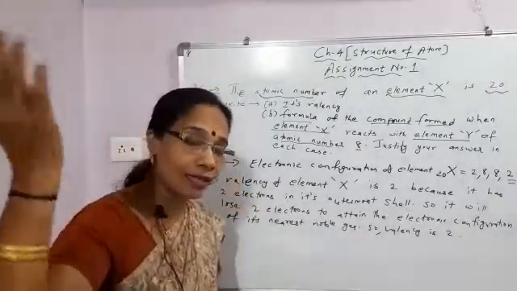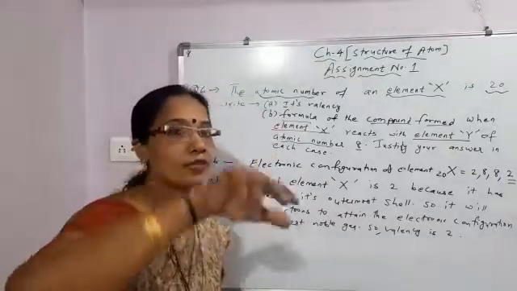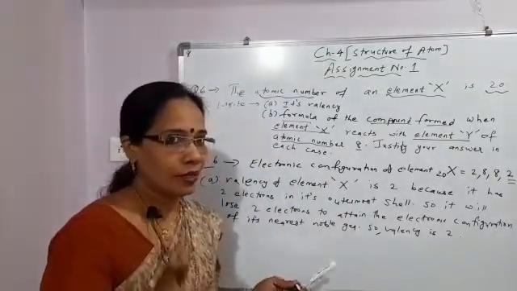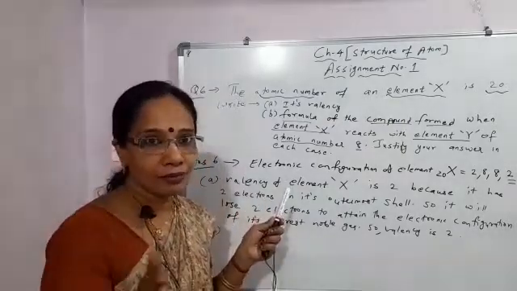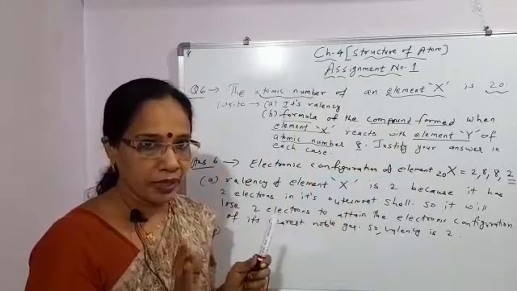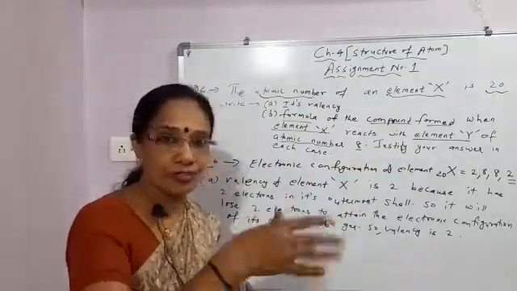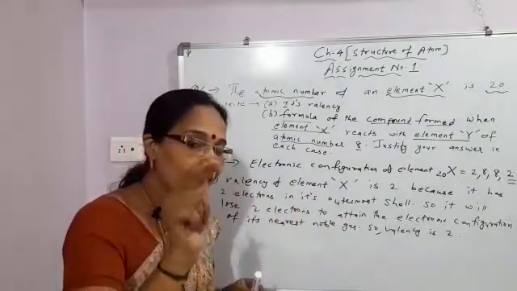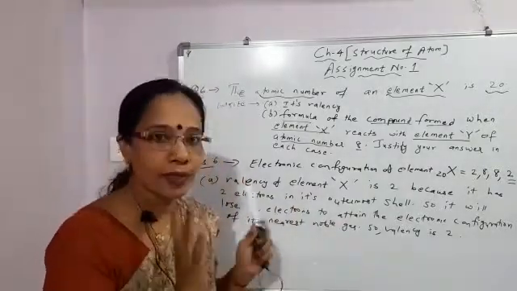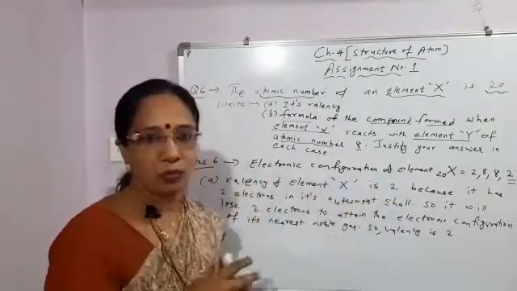So students, you have learned how to frame the formula. You use the valency and crisscross it. Okay, here name of the element is not given. You will use X and Y and frame the formula of the compound. Clear? And before framing the formula, students, you should know the valency of each element. For that, you do the electronic configuration first of the element, then find out the valency, then crisscross it and you will get the formula.